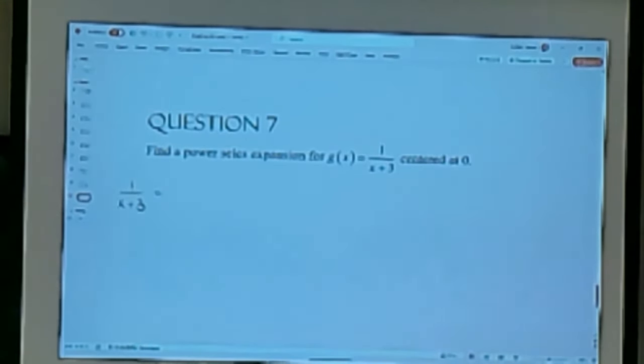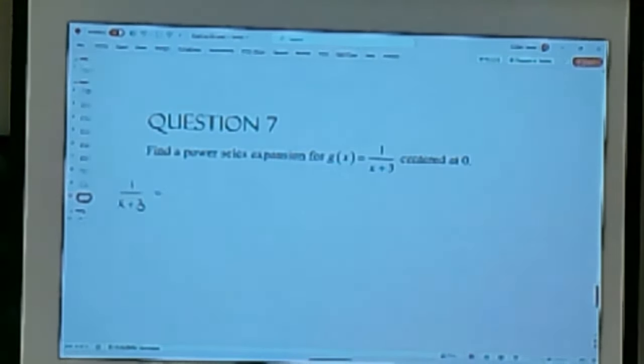It would be 3x to the n, wouldn't it? Can we expand 3 into 1 and 2 to make it 1 minus?